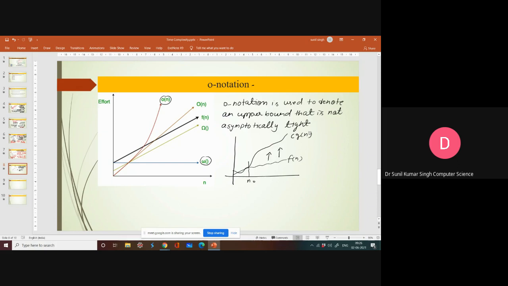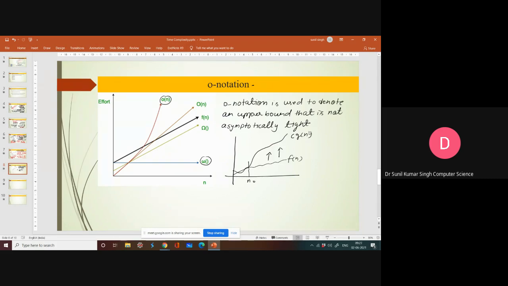In the previous case, in big O notation, it can touch, it can reach the value, but in small o notation it can never touch the highest values of c g(n).